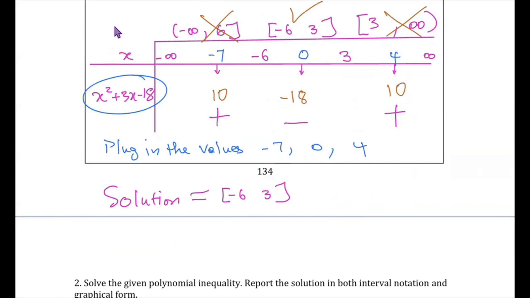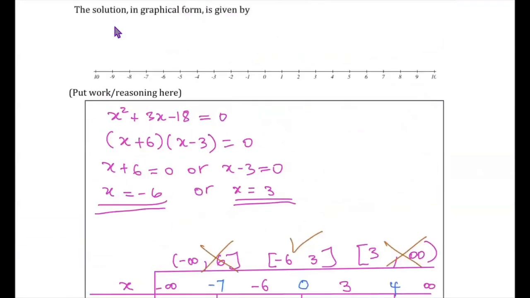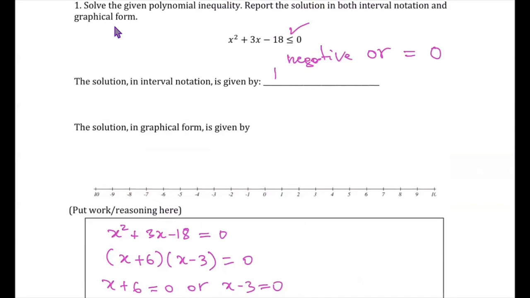Okay. So we have the solution here that is from -6 to positive 3.